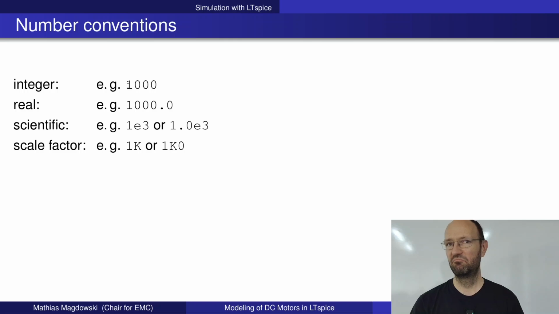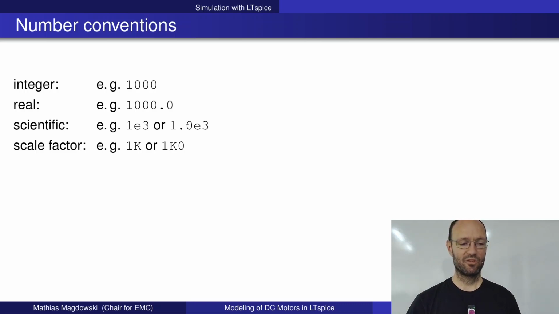Then, as usual in software, if you want to give fractions, you need to use a dot as a decimal separator. So 1000.0 is the same as 1000. Don't use a comma, it won't work. You can also use scientific notation. So 1e3 means 10 to the power of 3.